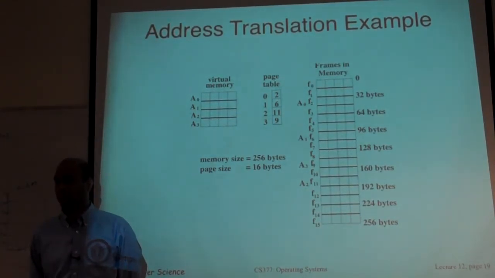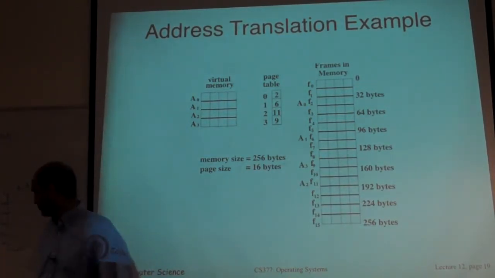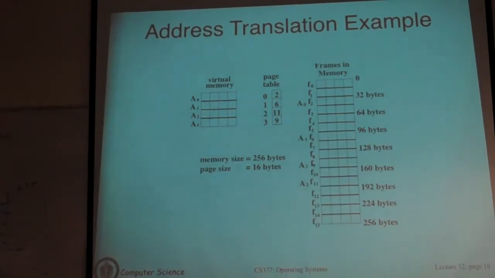Yeah. It's 2 bits for the offset because we can only have 4 32-bit words in a 16-byte page. Yes. How many bits do you need to address 4? So 2 bits. So you end up with 2 bits for the offset, and you have the other 4 bits left over for the page.